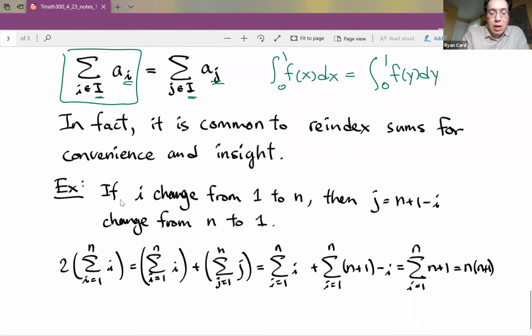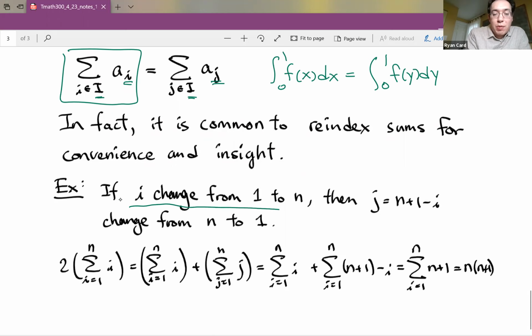Here's one example. In the last set of videos, we proved a formula for what you would get if you add up all the numbers from 1 through n. You could do that using a summation trick with relabeling. So here's the insight.